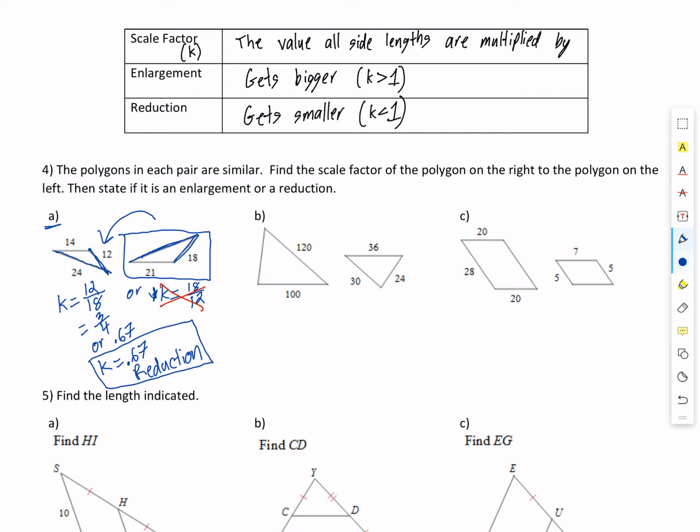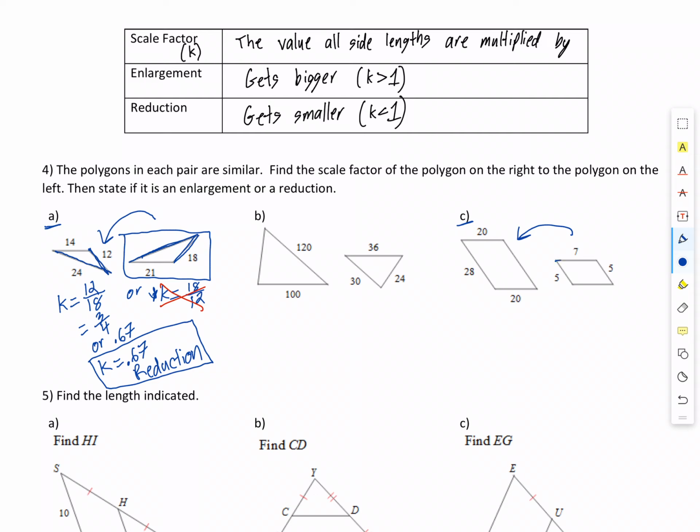So we can look at that. Let's hop over to C here. I'll leave B for you guys to do. Again, we're going from the one on the right to the one on the left. So we're coming from this one to that one. Now we gotta see what sides are similar, so we gotta kind of tilt and rearrange this.